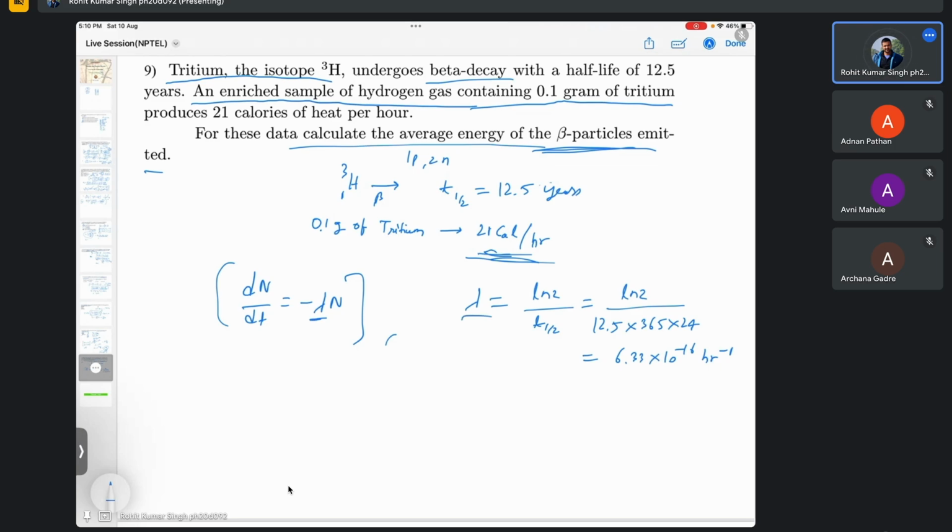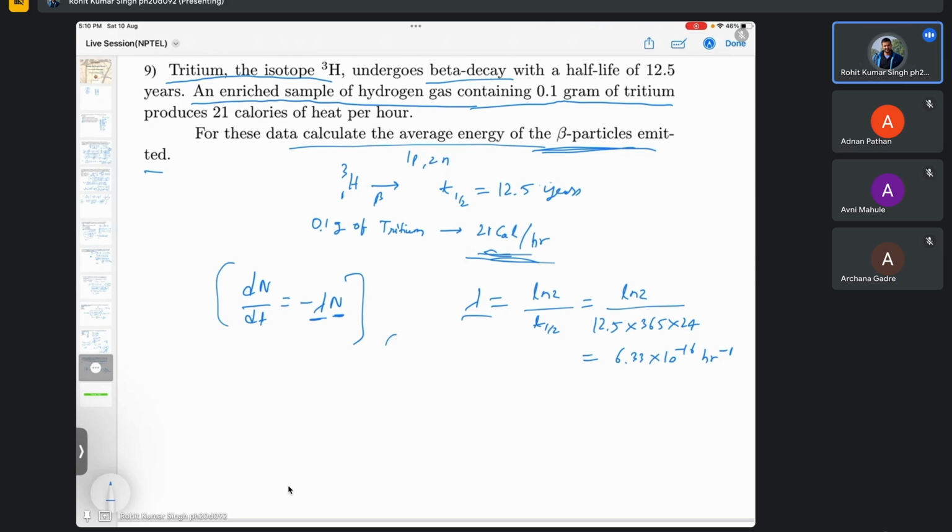Now we have to calculate this N. Any idea?